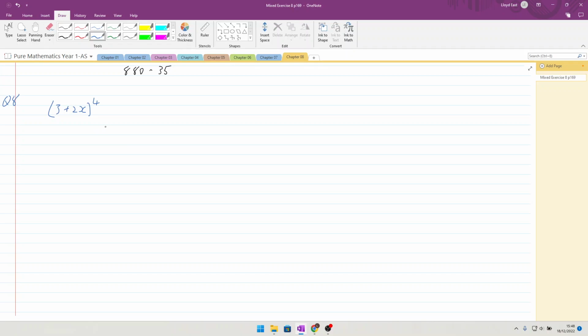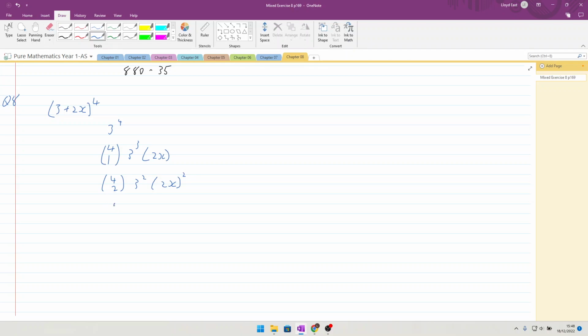So let's do 3 to the power 4, and then we are going to have 4C1, and that's going to be doing 3 to the power 3 and 2x. Then we're going to have 4C2, and we'll have 3 to the power 2, and we'll have 2x squared.